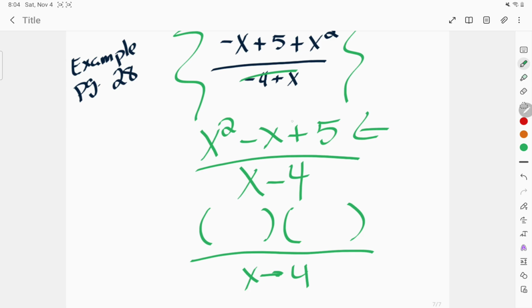Okay, so this right here tells me that both of my signs are the same. And this right here tells me that both the signs are negative.